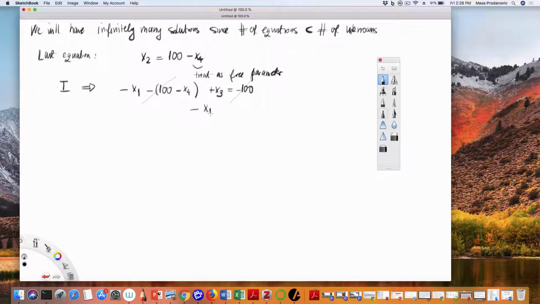Minus x1 is equal to minus x4 minus x3. So my x1 is simply x3 plus x4. And my second equation actually says the same, because x1 minus x3 minus x4 is equal to 0. So that also says x1 is x3 plus x4.